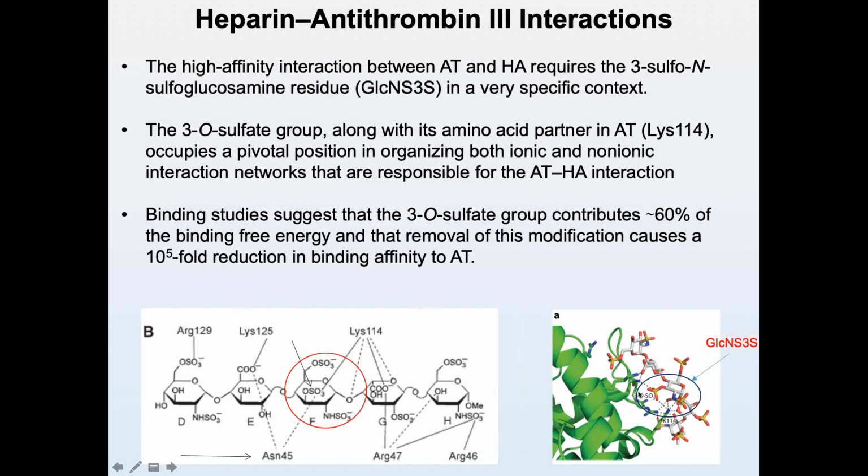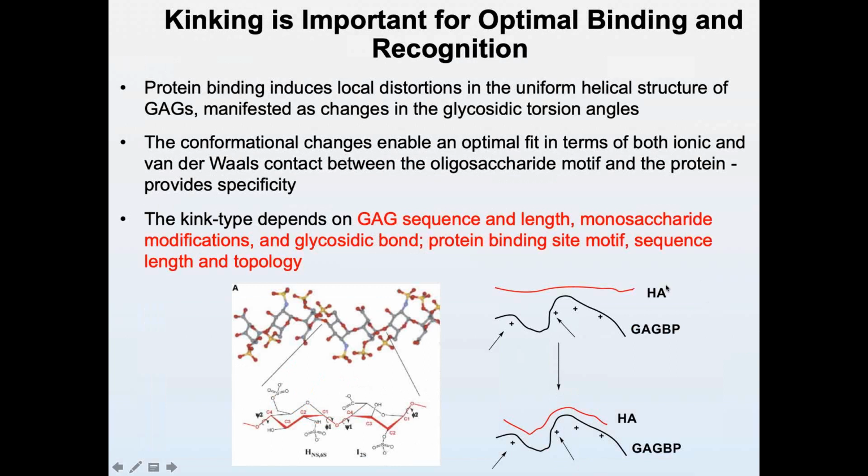This 3-O sulfate group is the sulfate that actually drives the interaction, and it makes interaction with lysine 114. And how does this happen? It only happens because of this kinking. So what happens is you have the GAG coming in, and let's assume this is lysine 114, and you have your 3-O sulfate group at this position.